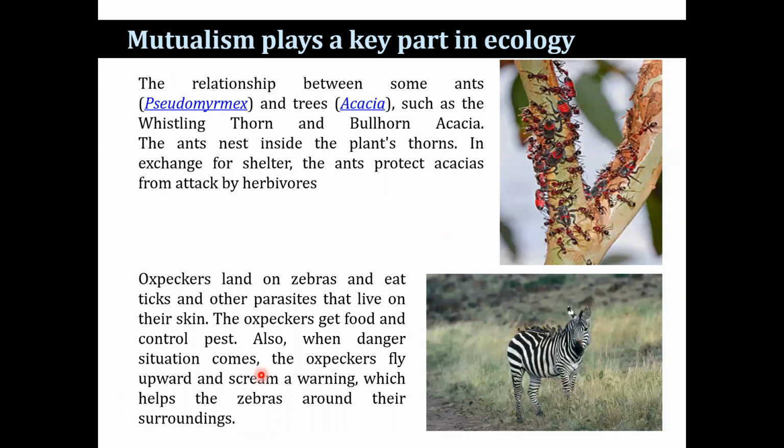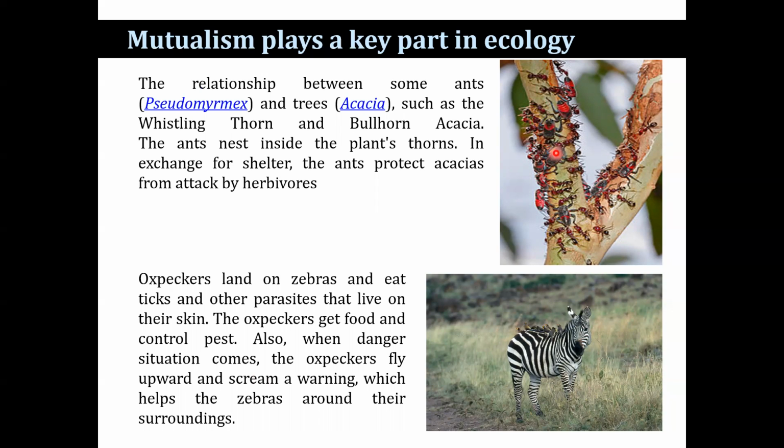And mutualism plays a key part in the ecology, supported by two good examples. The first one is a relationship between some ants and trees. And you see here that the ants are present on the plant, and basically this is a plant, and the herbivorous animals eat the plants.